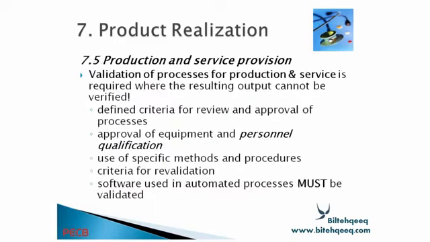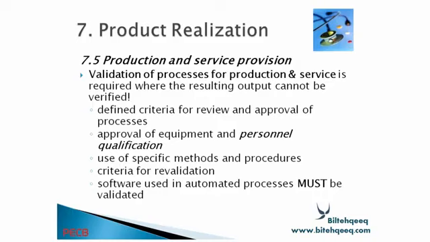Production and service provision. We are going to discuss the validation of processes for production and service, which is required where the resulting output cannot be verified. In some processes, you are unable to verify the output during the process.